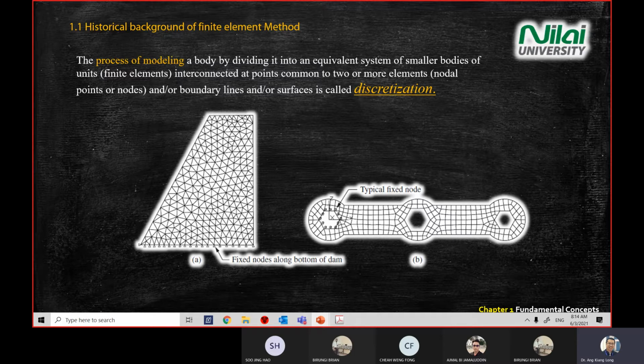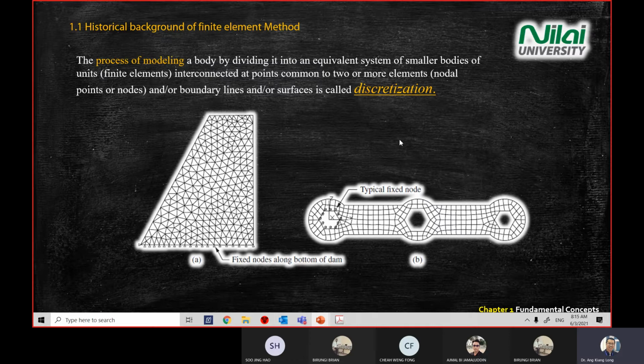However, for finite element method, you should know that we have a process called discretization. In Ansys software or most of the simulation software, this is also called meshing. We call it the meshing process that we use in most of the simulation software nowadays.